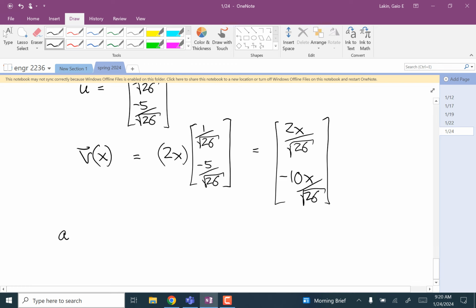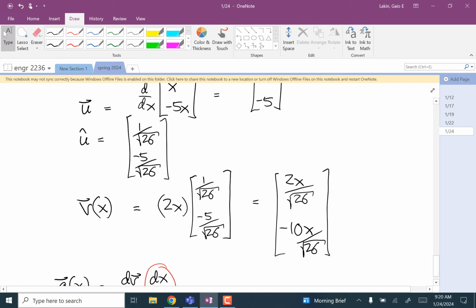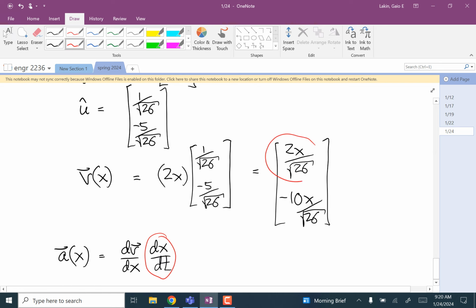So the acceleration as a function of x is going to be dv dx times dx dt. And dx dt is the x component of the velocity vector.